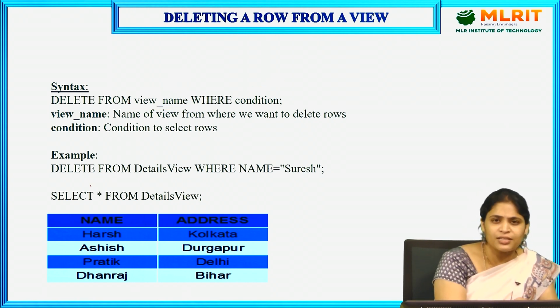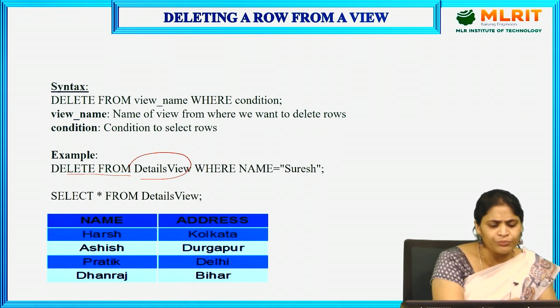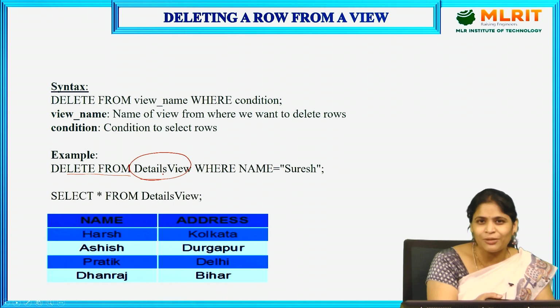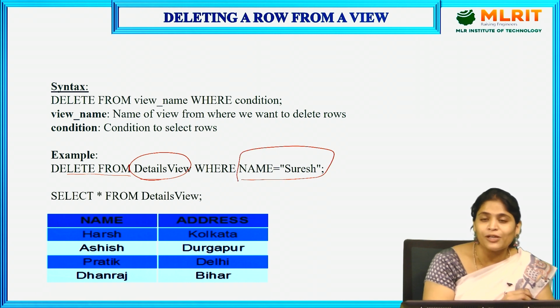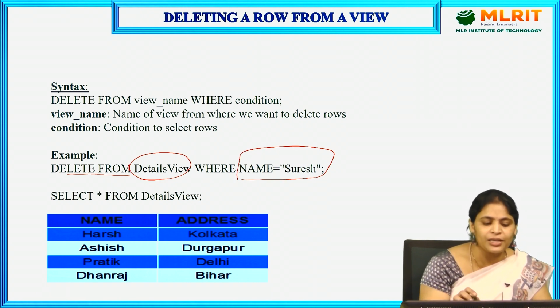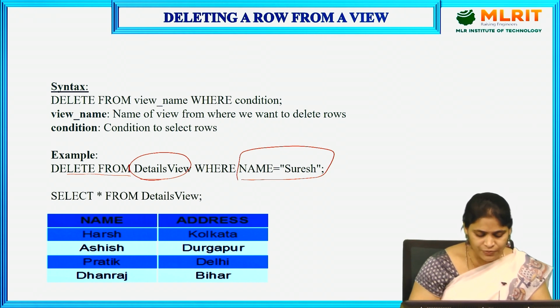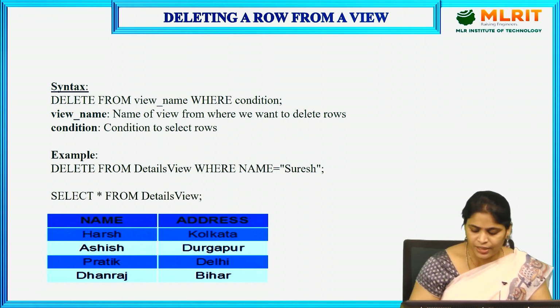So here let us consider this with an example. Delete from details view. That means the one we created previously, right? From that details view, we have to delete where name is equal to Suresh. So that row will be completely deleted from the details view. Previously, what is there in the details view?